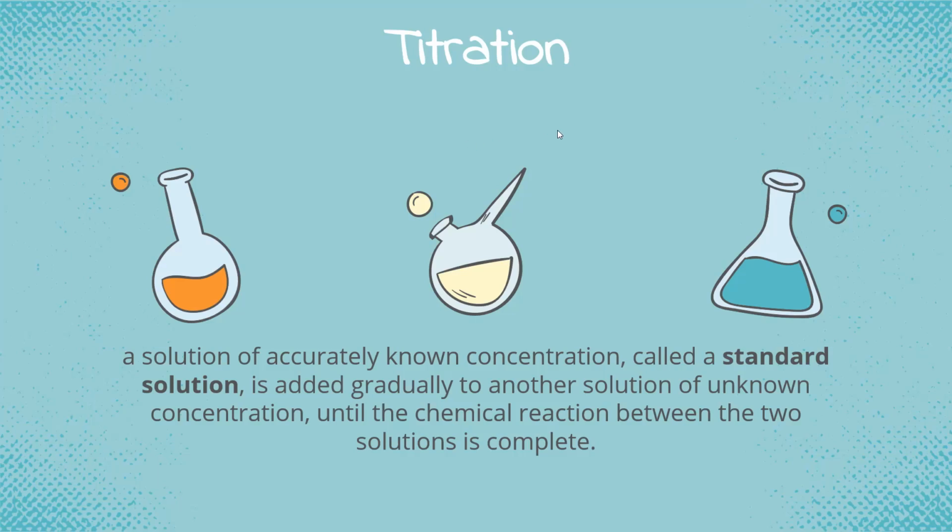Now, anong ginagawa for titration? We have here a known concentration. Diba? When you look at the chemical equation, we will see most of the time two reactants. One chemical substance reacting with another chemical substance.